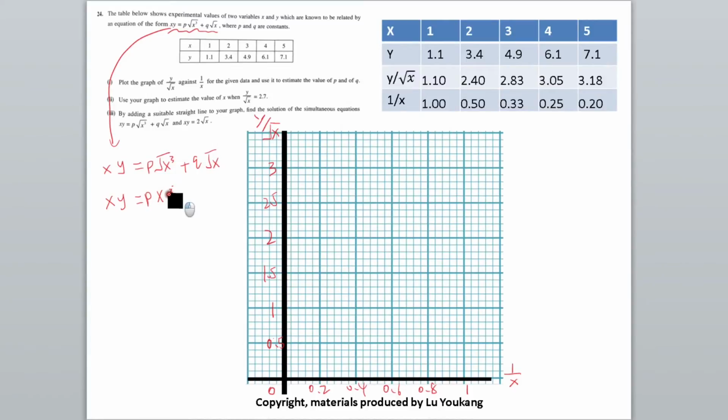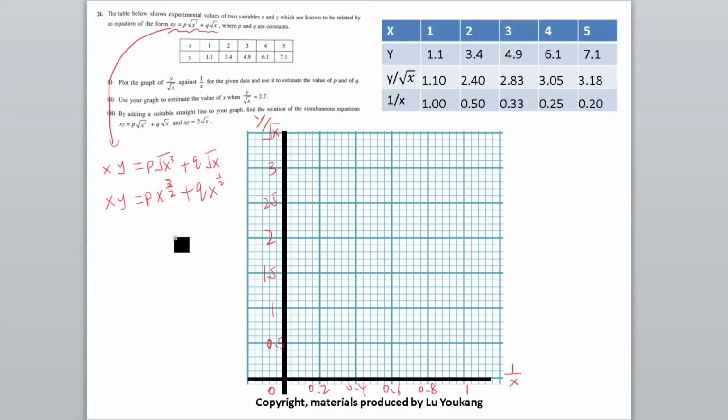With this equation, you should always be looking out for an equation which is similar to your general form equation, big Y equals m big X plus c. So how are we going to do that?